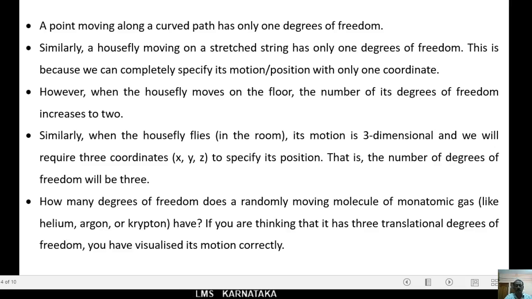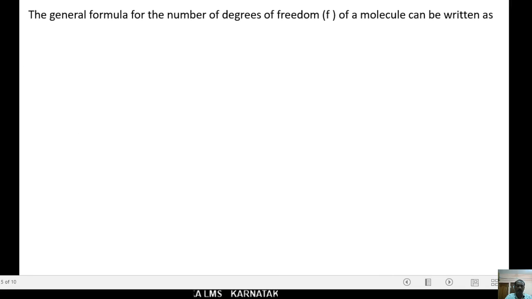If you are thinking that it has 3 translational degrees of freedom, you have visualized its motion correctly. Let us see how we can verify the degrees of freedom for monatomic gas, diatomic and triatomic or polyatomic.